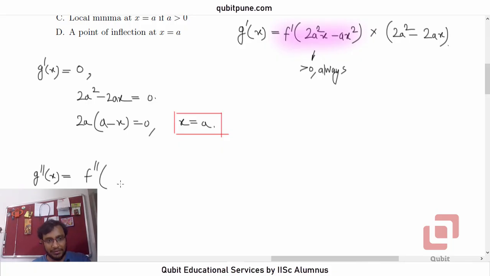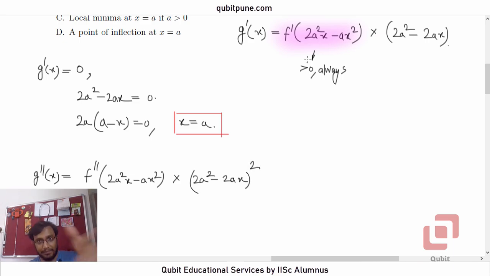The derivative of the first function is f double prime of 2a squared x minus ax squared into the derivative of the inner function, which is 2a squared minus 2ax. So effectively it is going to be 2a squared minus 2ax the whole squared, because one of these two terms is from the already existing second function and the other one is from the derivative of the inner function of f prime.